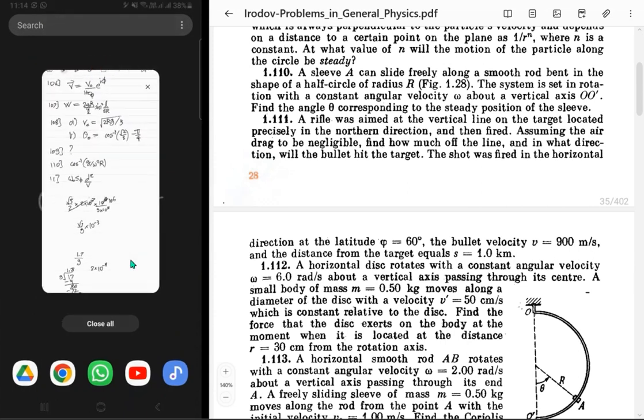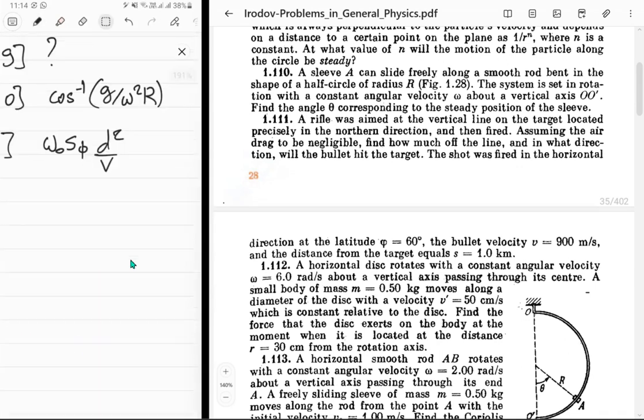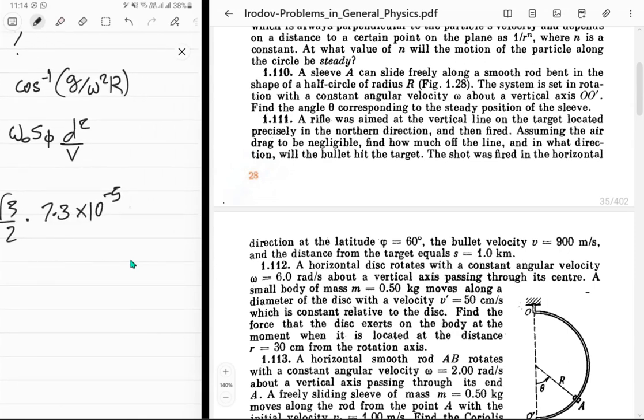So get rid of all of this. Yes. So for putting omega naught, what was I going to do? Oh, come on, what was I doing? Yes, calculating this thing. So we'll get rid of all of this. So it's 3 upon 2 omega naught, so we just got 7.3 times 10 power negative 5, then times t squared, so it's 10 power 6, and that upon velocity is 10 power 2.